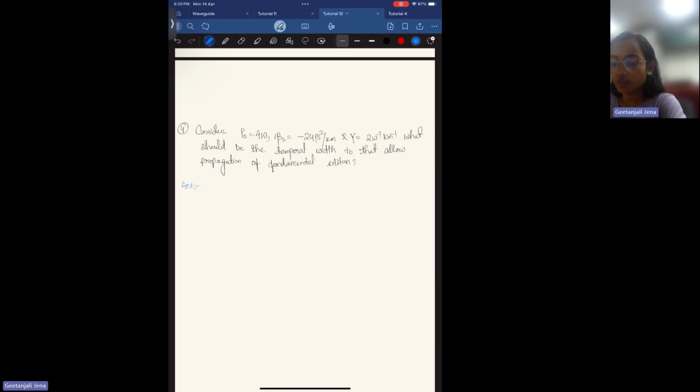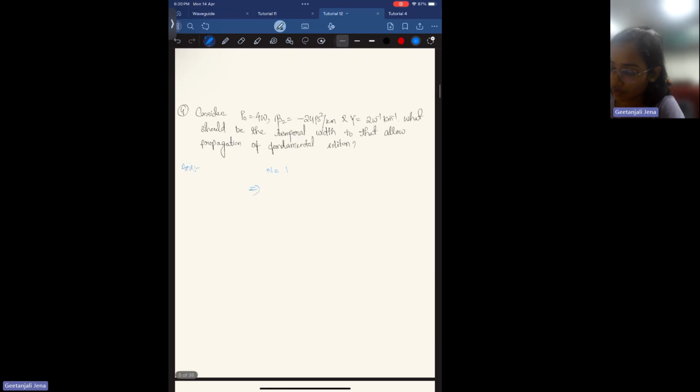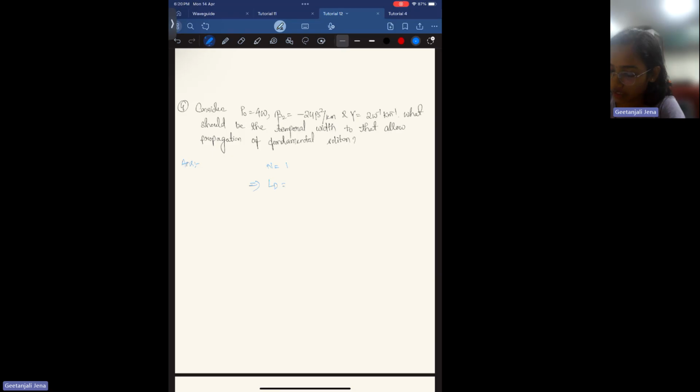As I said before, for a fundamental soliton, N should be equal to 1. That means the value of LD should be equal to LNL, and we need to find T0. So gamma P0 T0 squared over beta 2 is equal to 1.